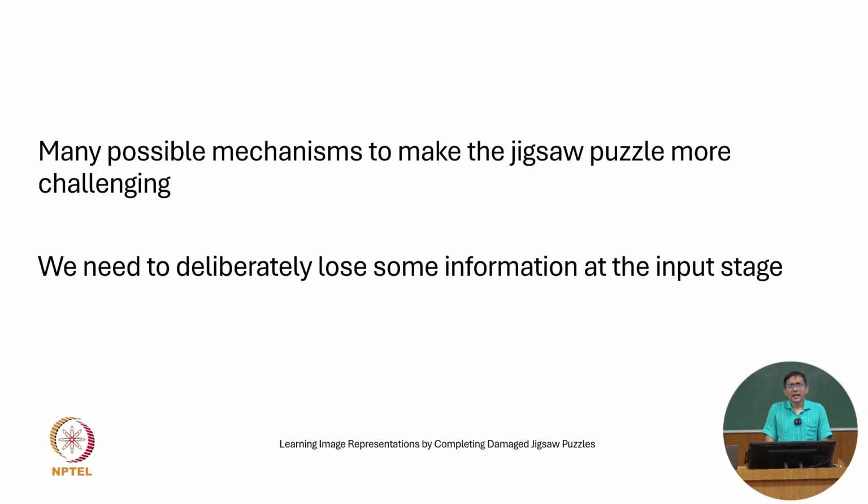To make it more challenging is equivalent to deliberately losing some information at the input stage, because if the input has less information, the model would find it difficult to predict the particular index, right?